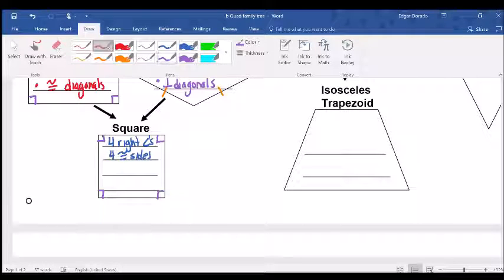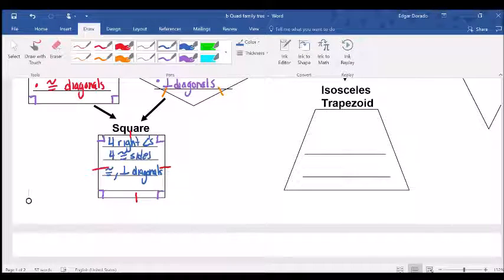Four congruent sides. The next thing is that it has congruent and perpendicular diagonals. I'll draw that in a second. And then finally is that squares also. Actually, I thought there was one more, but I think that's it.